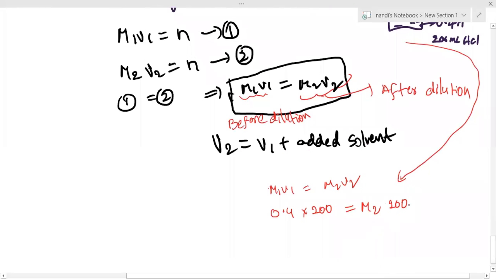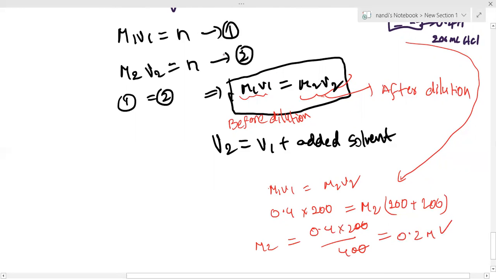So 200 plus 200, this is the final volume. So M2 equal to 0.4 into 200 by 400. I hope you can solve this. So 0.2 M is the final answer.